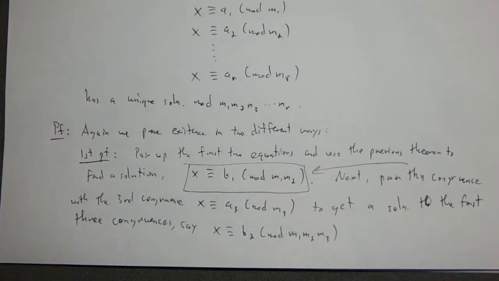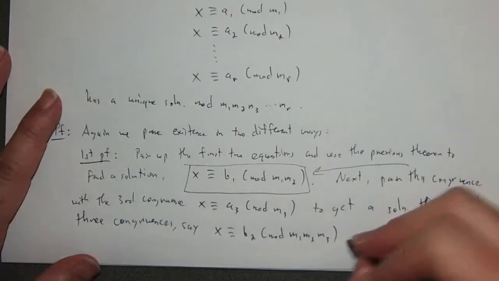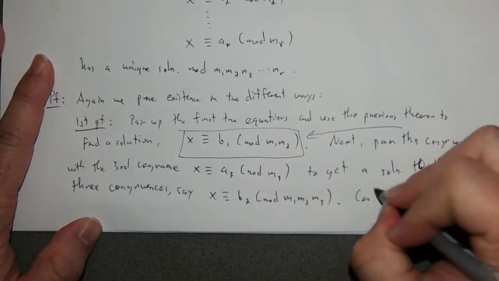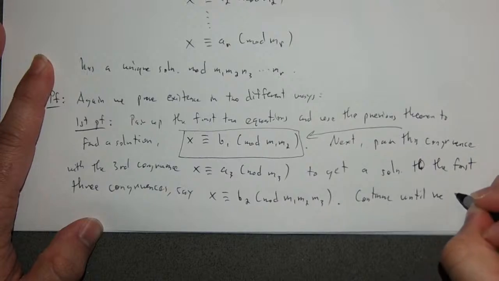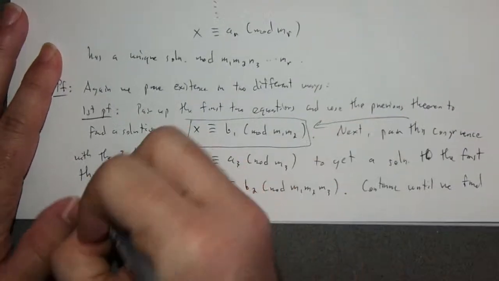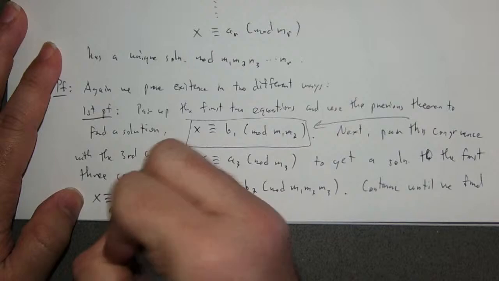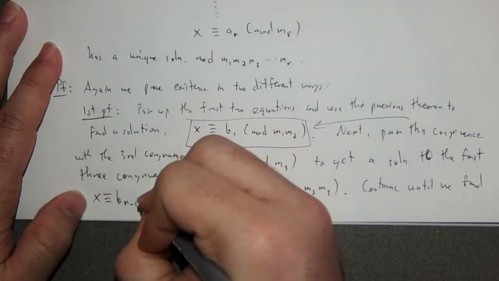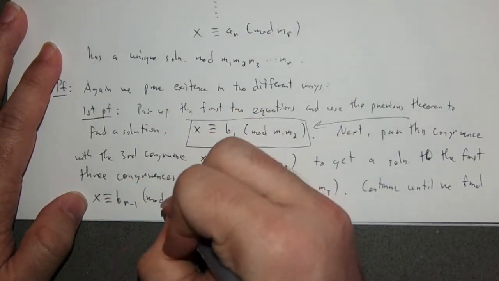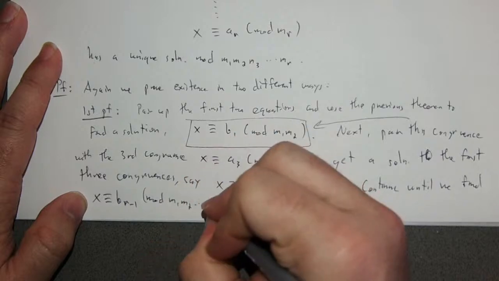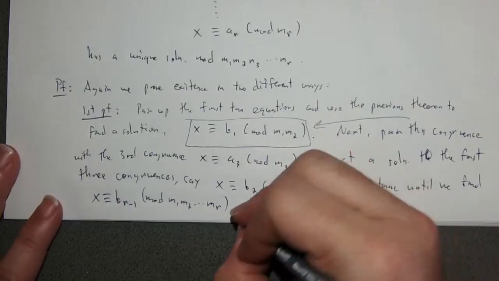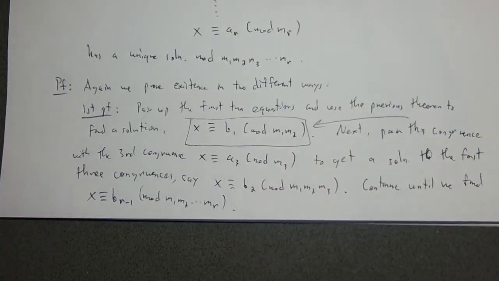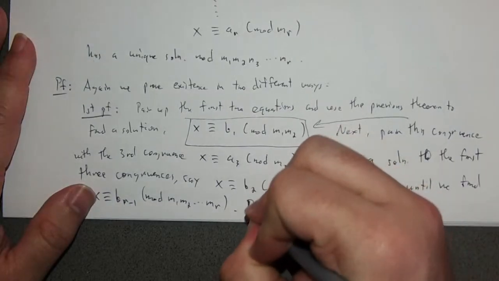Right. Continue until we find x is congruent to b sub r minus 1 mod m sub 1 times m sub 2, all the way up to m sub r. So do this r times, and we're done.